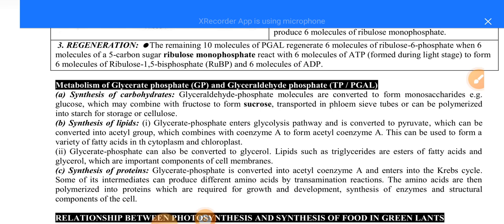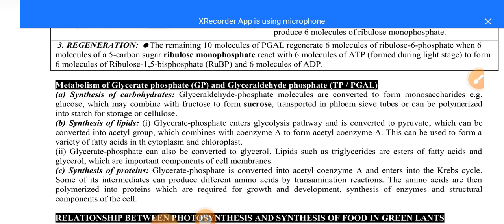Now, the GP can also be converted to glycolipids such as the triglycerides. We looked at this when you were looking at chemicals of life, or esters of fatty acids and the glycerol, which are important components of the cell membranes.